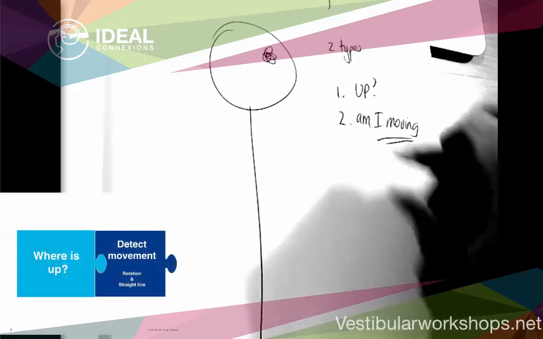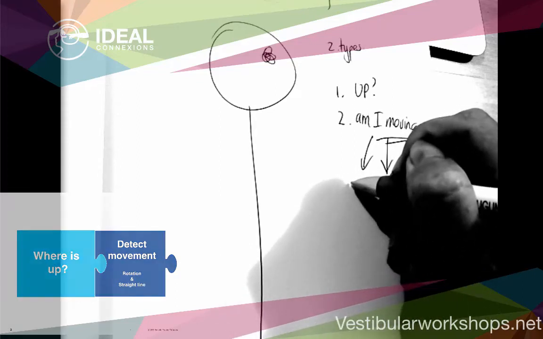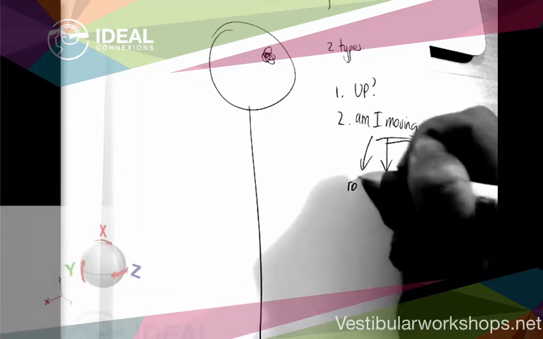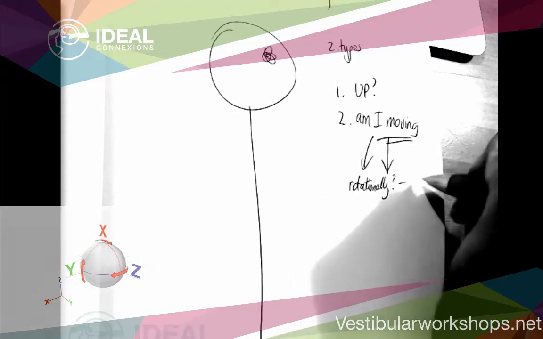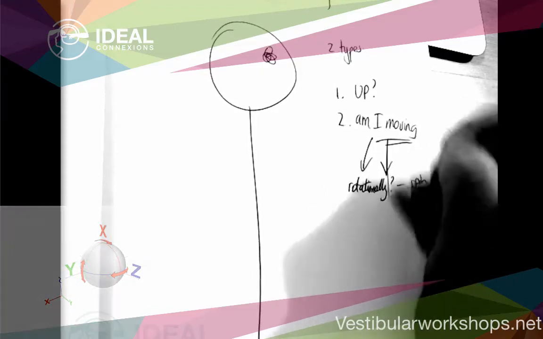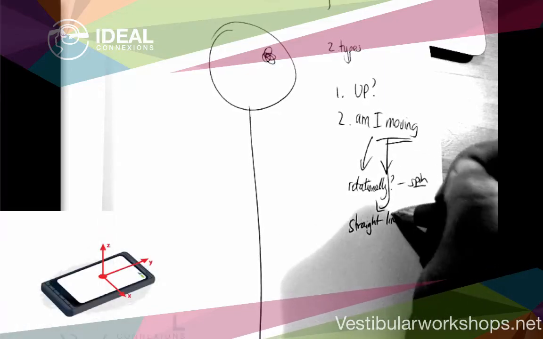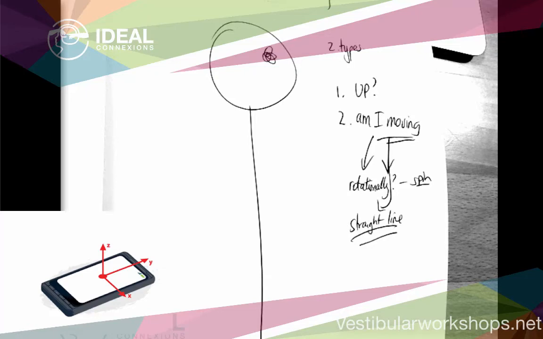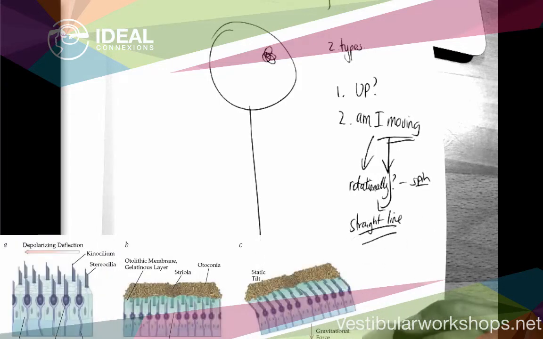And if you break the second one down into 2, it's am I moving rotationally, which is essentially spin, or am I moving in a straight line? And that's pretty much it. So it's got 2 receptors that are actually specialized for that, but that's the only information that goes into the brain.